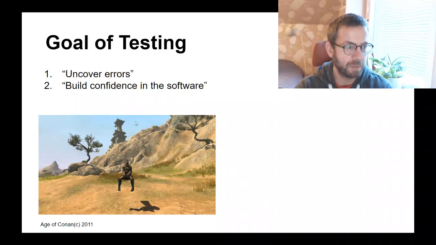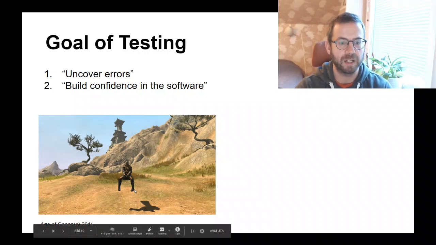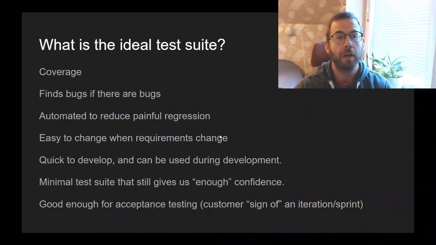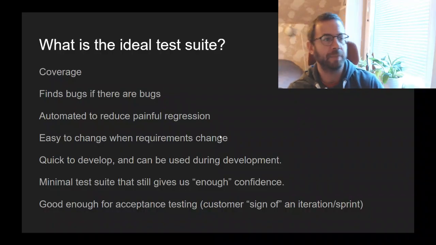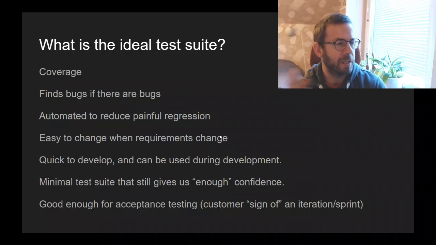So for the customer, for ourselves, for many reasons, right? And this is a funny picture from Age of Conan 2011, where they had a bug that made the horse invisible.